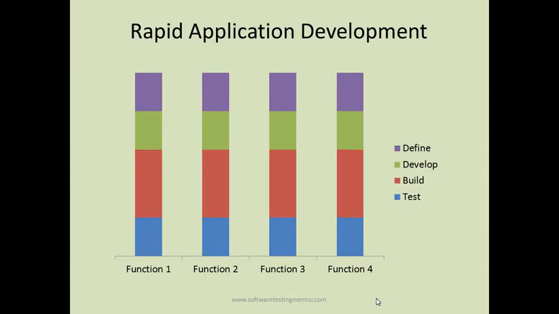This rapid application development is a quick and easy methodology, just to give rapid feedback to the stakeholders so that they are aware of how the system looks, rather than spending months of effort in gathering requirements, design, development, and testing, and then at the end of a year knowing that no, this is not what we wanted.